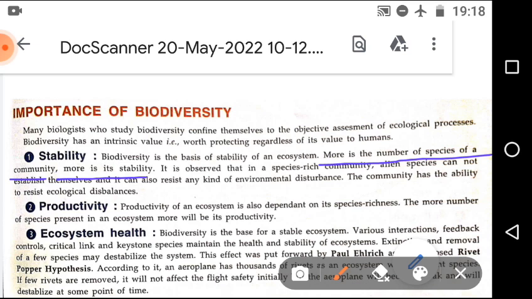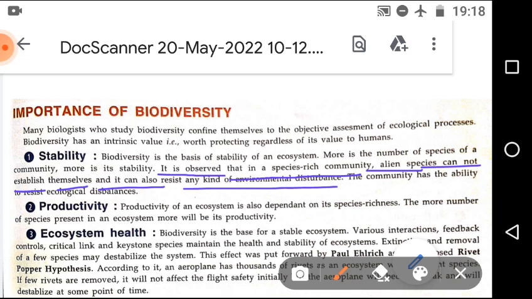Then it is saying in the third line, it is observed that in a species rich community, alien species cannot establish themselves and it cannot resist any kind of environmental disturbance.